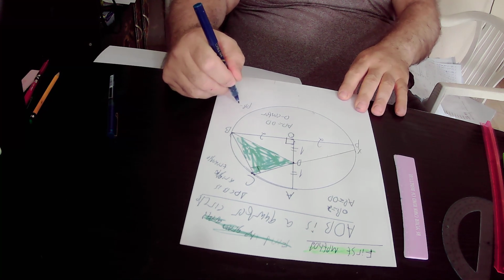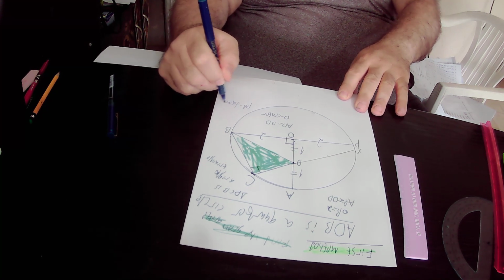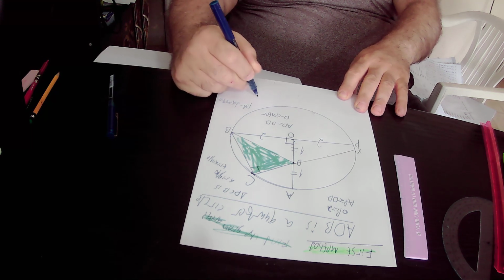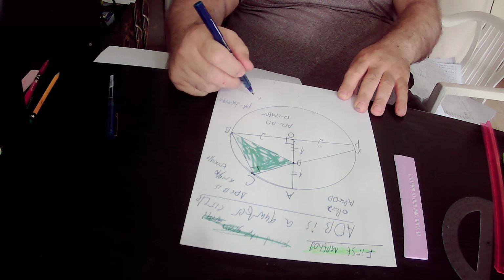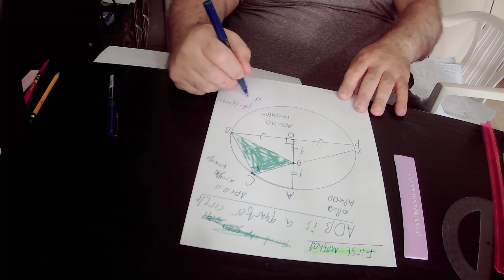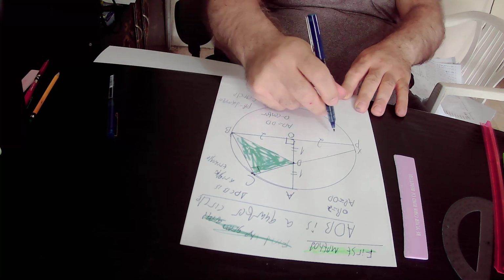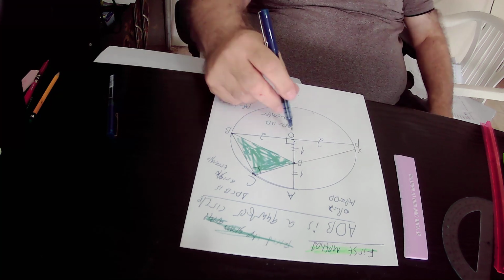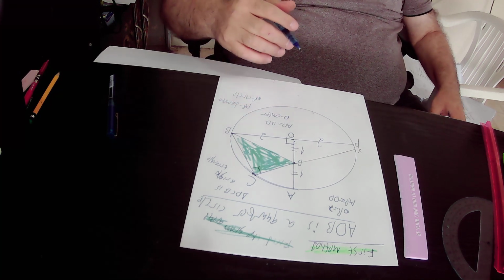Why is PB the diameter of the circle? Because line segment PB passes through point O, that is the center of the circle.